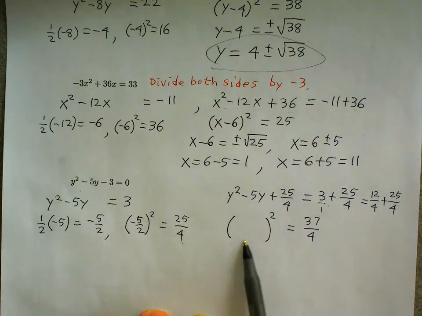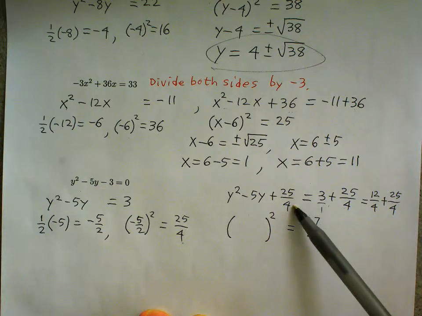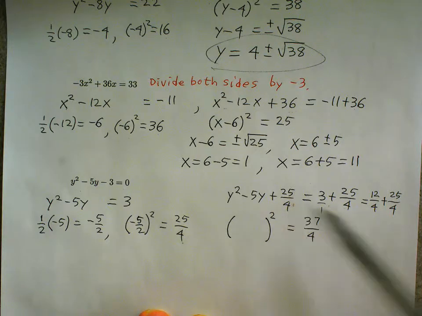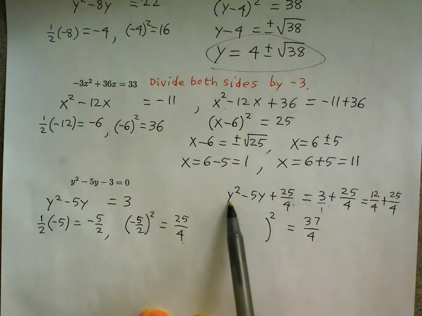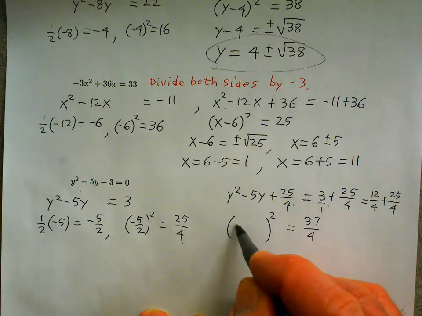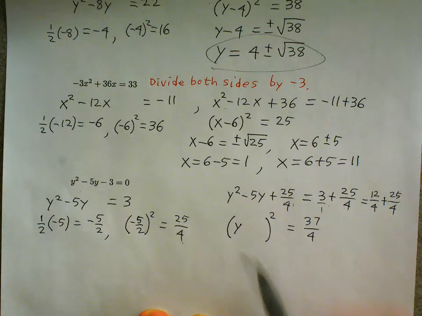Okay, but what binomial do we square? Well, the perfect square trinomial is y squared minus 5y plus 25/4. Since the trinomial has y squared, the binomial has to have y. And then how do we know what number follows y?